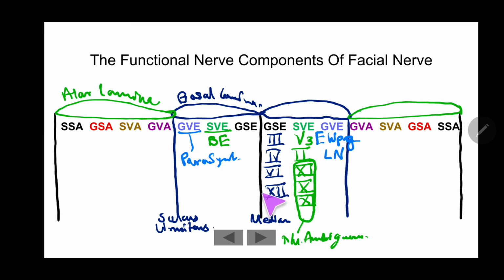lacrimatory nucleus. And then you have the superior salivatory nucleus. These are all at the pontomedullary junction. Lower part of pons and upper part of medulla, you find the inferior salivatory nucleus, right?